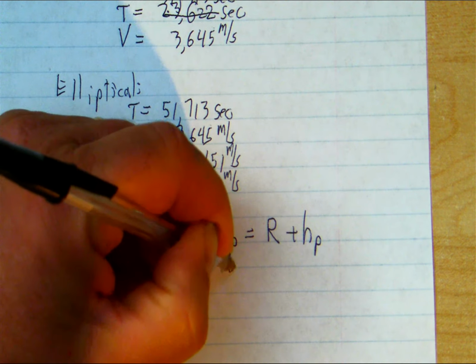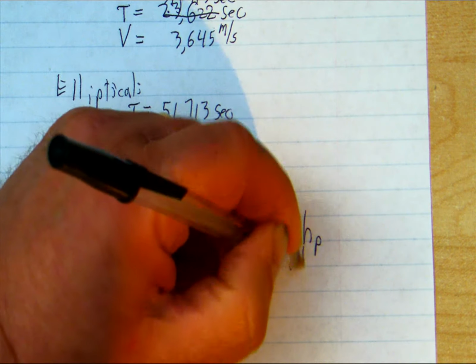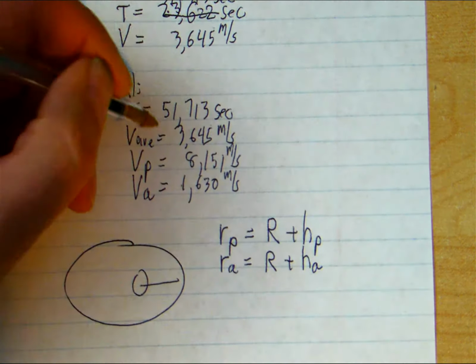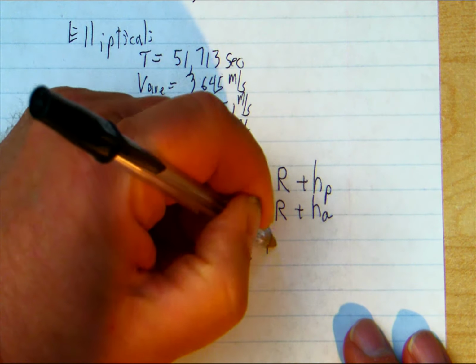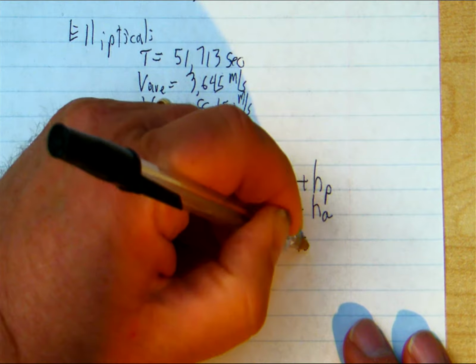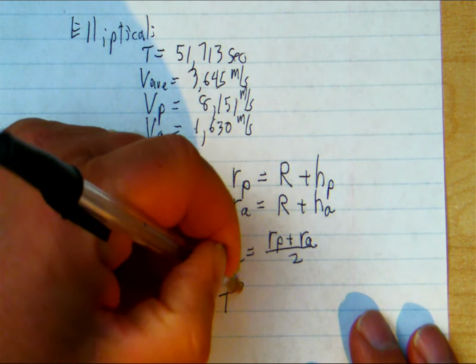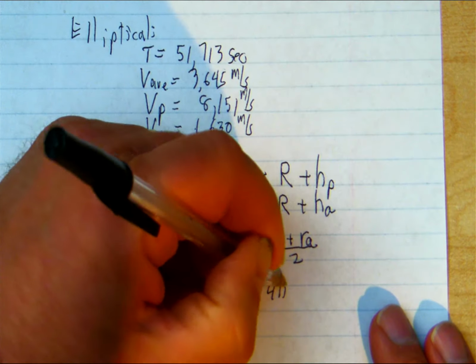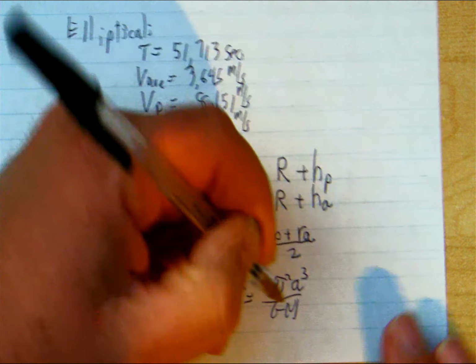The apoapsis orbital radius is equal to the radius of the planet plus the apoapsis altitude. The semi-major axis is the average of the periapsis and apoapsis radii. The period of time is 4 pi squared semi-major axis cubed over GM.